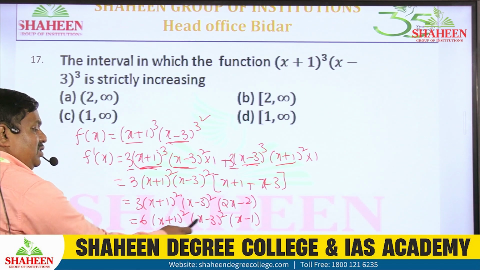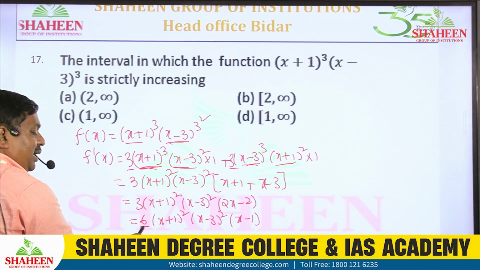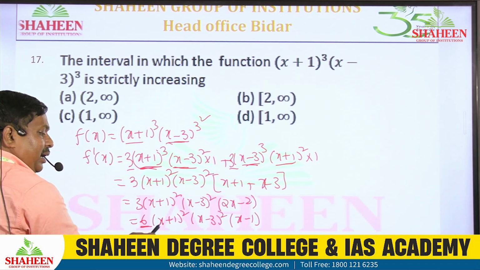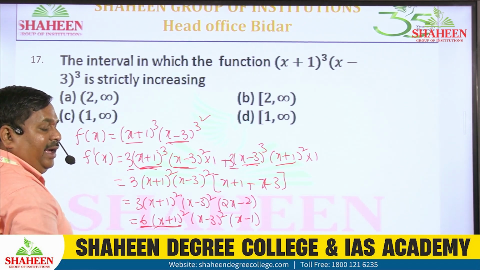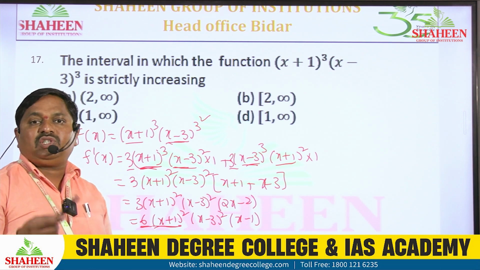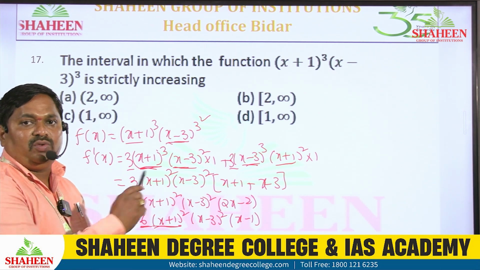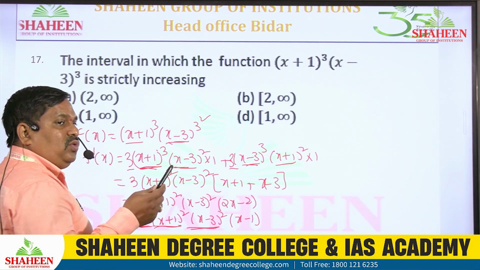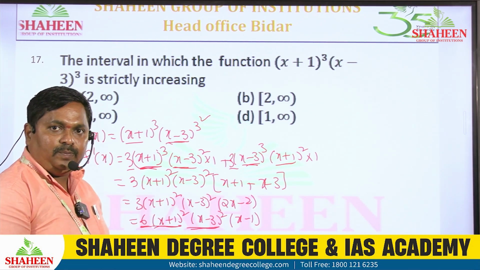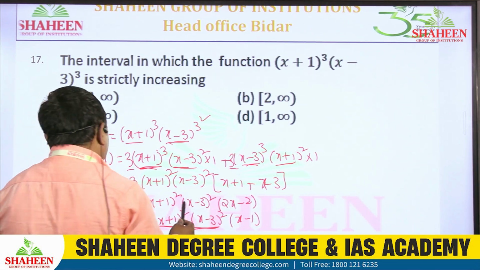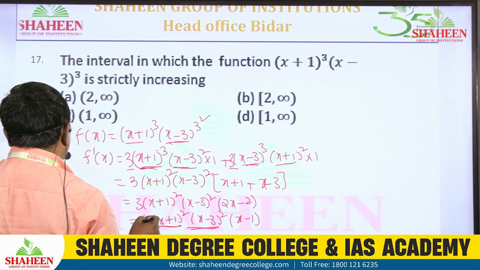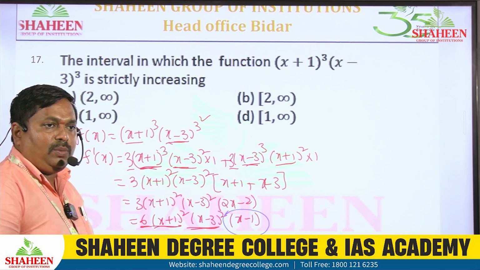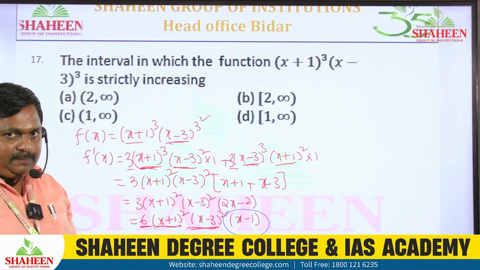According to this derivative, you can see that this 6 is positive, and x plus 1 whole square, perfect square, is always positive. X minus 3 whole square, perfect square, is always positive. Then the given function depends upon this last term, x minus 1, because here we don't have any power.